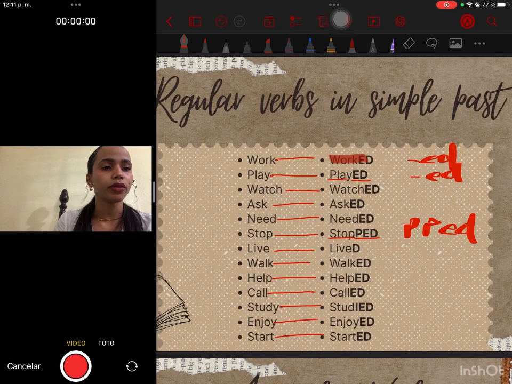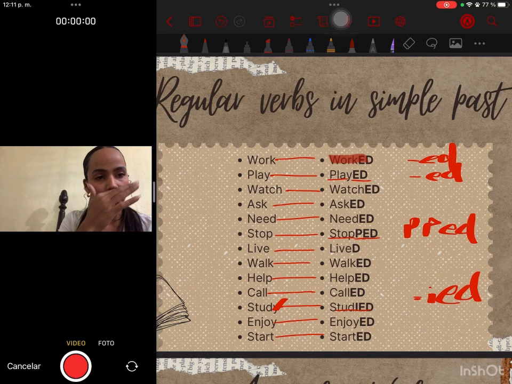The next example is studied. Studied is a verb ending in consonant plus y. Delete the y and add ied.